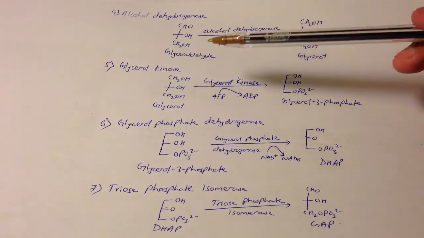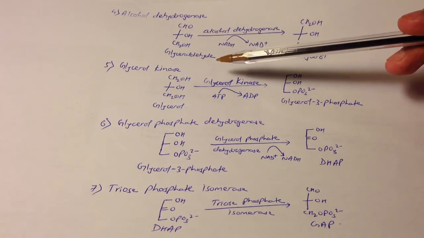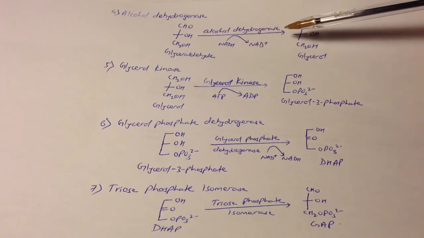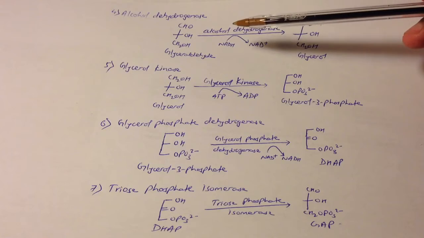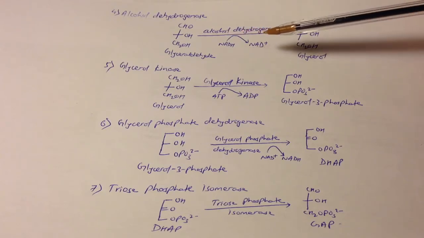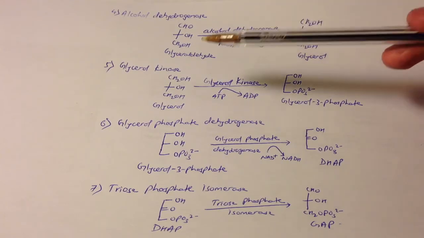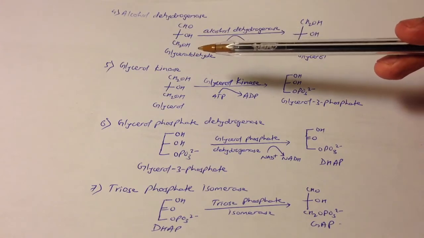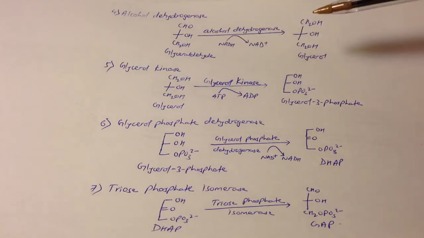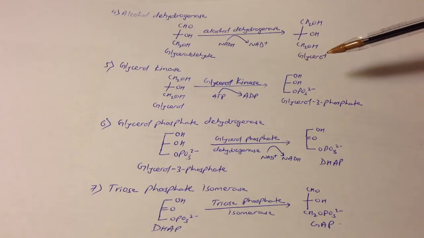So starting with glyceraldehyde, the first reaction is catalyzed by alcohol dehydrogenase, and whenever you see any reaction catalyzed by a dehydrogenase enzyme, then the reactant is either oxidized or reduced. So in this case, this molecule gets reduced to make glycerol.